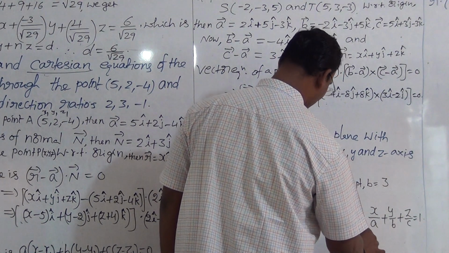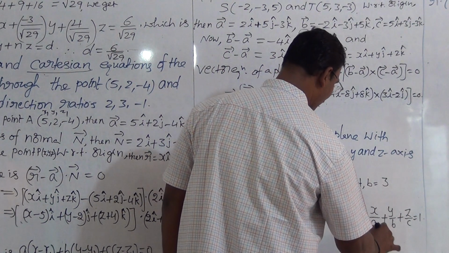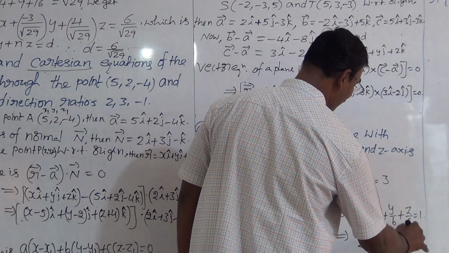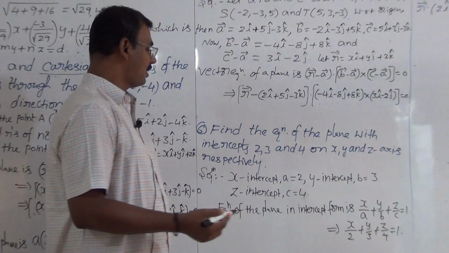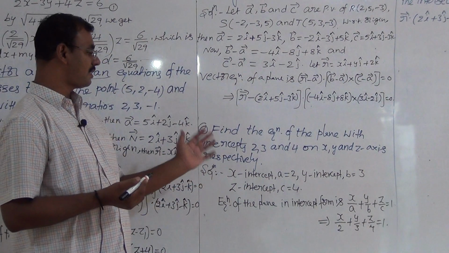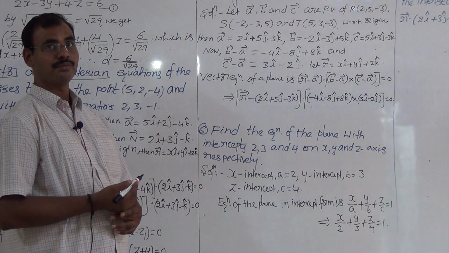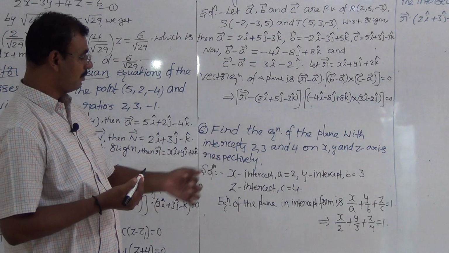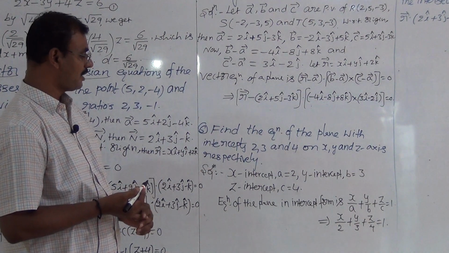Substitute: x by 2 plus y by 3 plus z by 4 is equal to 1. This is the required equation of a plane whose intercepts are 2, 3, 4.